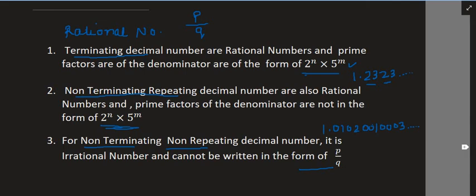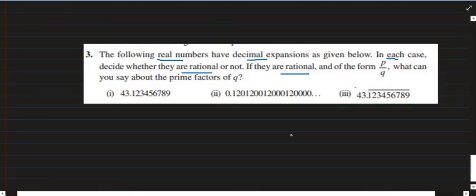Okay, now we'll go back to the question. Here is the first part. If you observe this number, it is a terminating decimal number. You can count the number of digits after the decimal, so it is a rational number, and we can write it in the form of p by q, and its q will be of the form 2 raised to the power n times 5 raised to the power m.